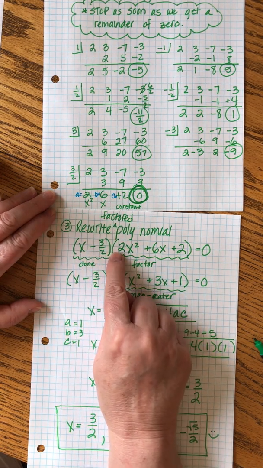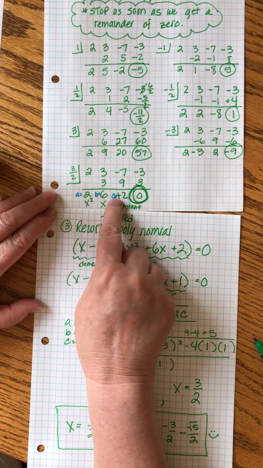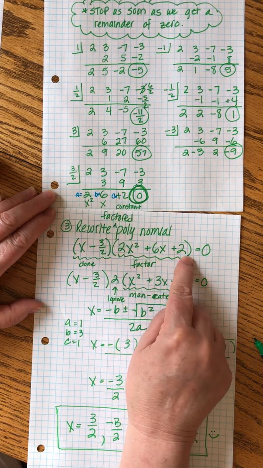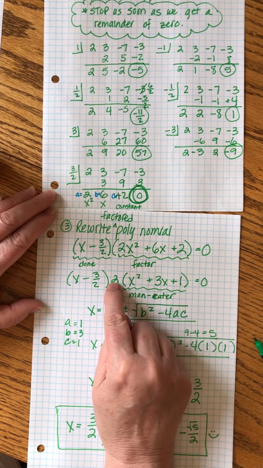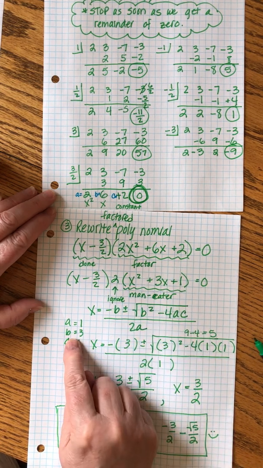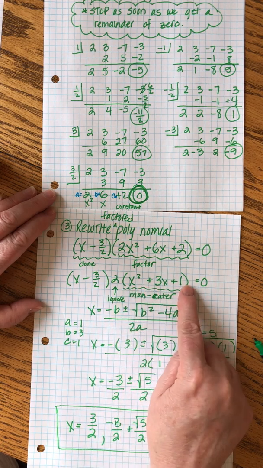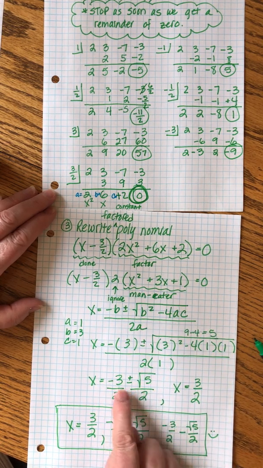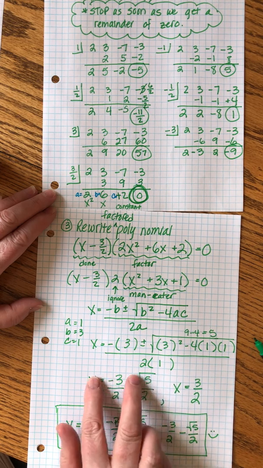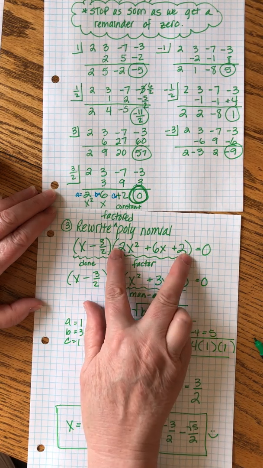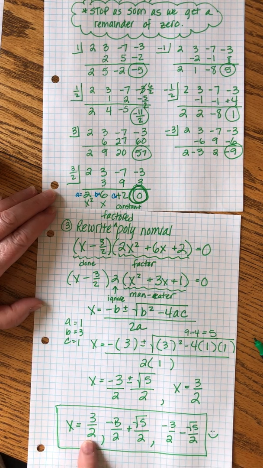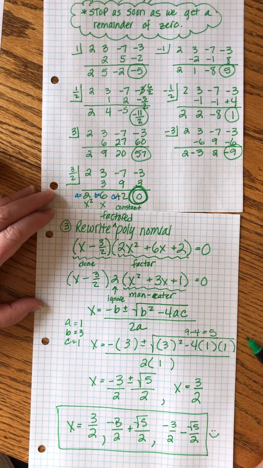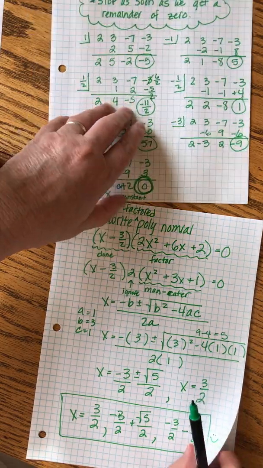And then we used these coefficients to set up the rest of what was left of the polynomial. Then we pulled out the 2 because that was annoying. Then we used the man-eater to factor this. We got these two, it's 2 roots, right, because it's plus or minus. We got 2 roots that satisfy this part, and then we have our original one that was the 3/2. And here I have written them all in line. Woo! That was a lot, wasn't it?